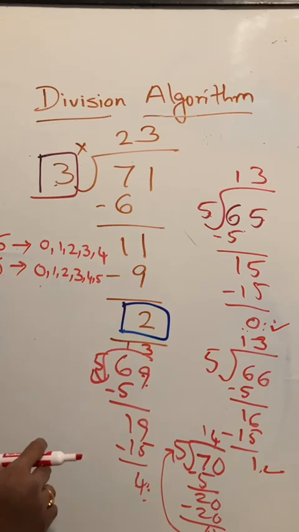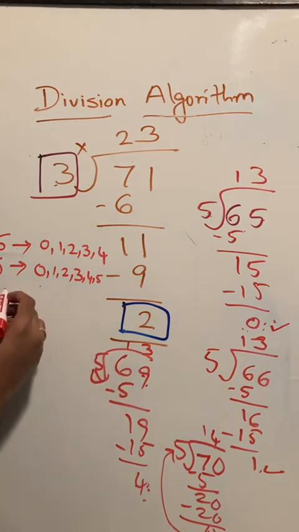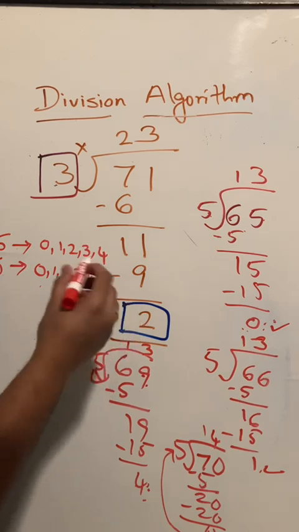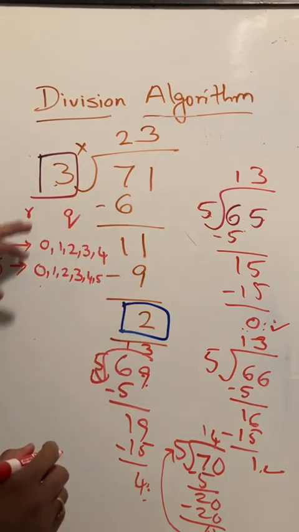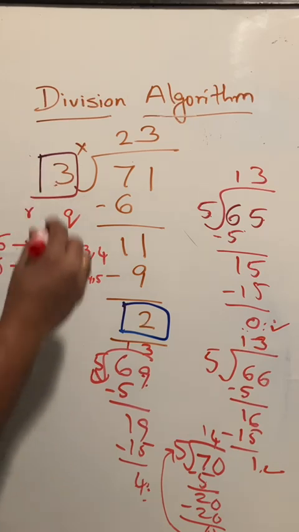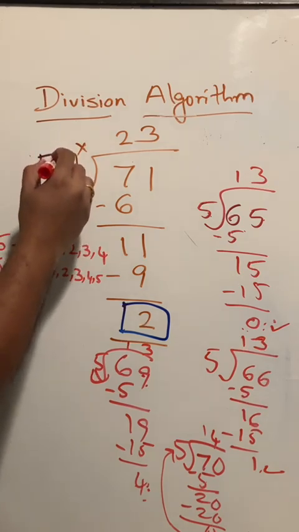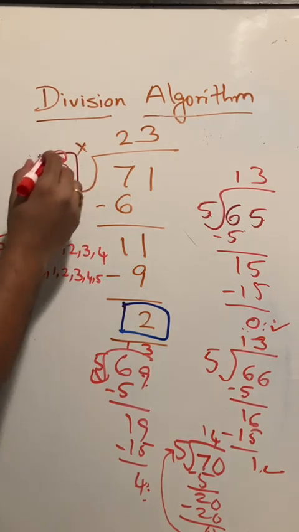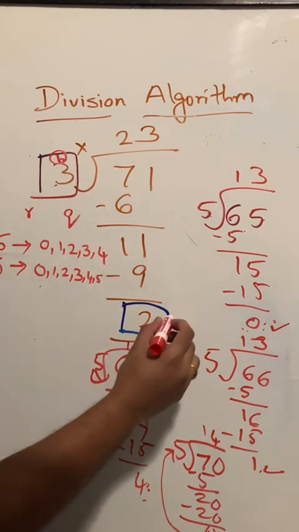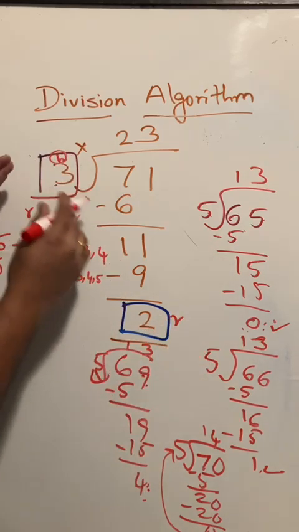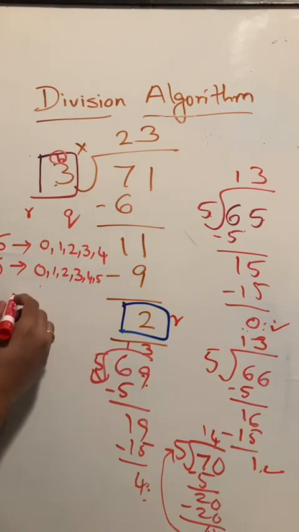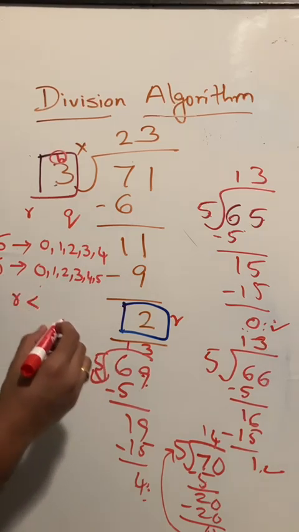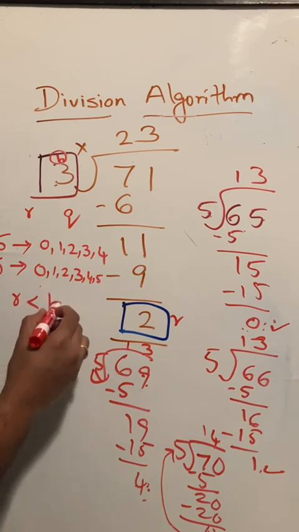So let's write a common understanding. Can I write something like this? We always choose remainder R, quotient Q, and the division number, let's consider this as B. So when we take this as B and this as R, can we write a relationship between these two? Can I say if I divide, R is always less than B?